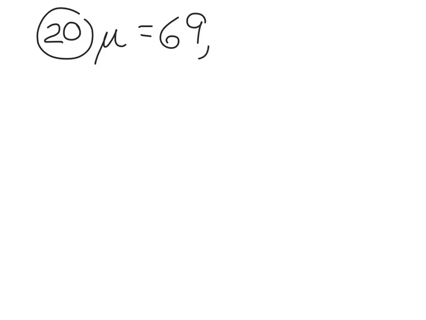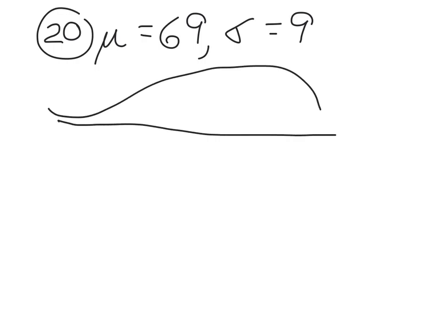So in problem 20, we have mu equal to 69 and sigma equal to 9. And this is the one about the grades, and we were looking for the top 5% of the grades. So let's draw our picture. Here's 0.